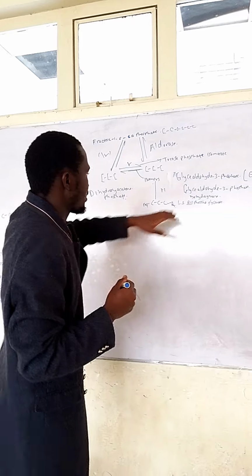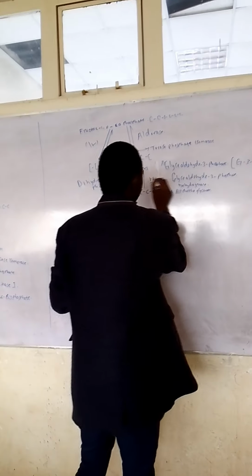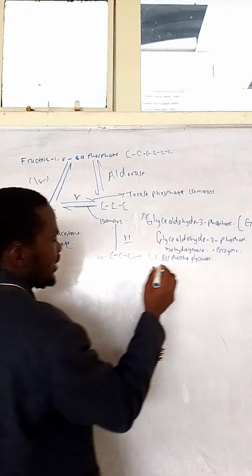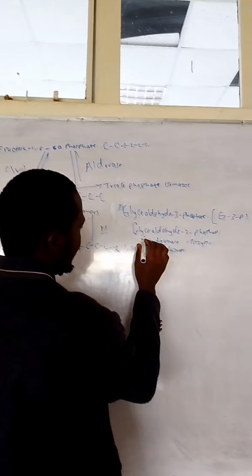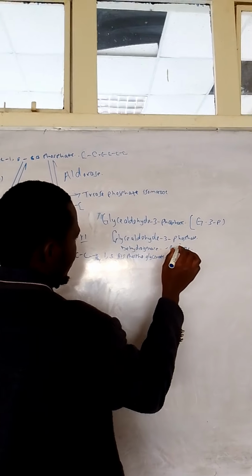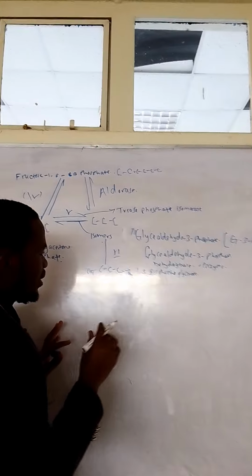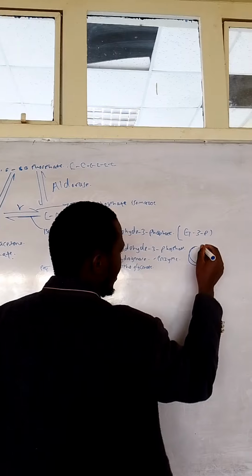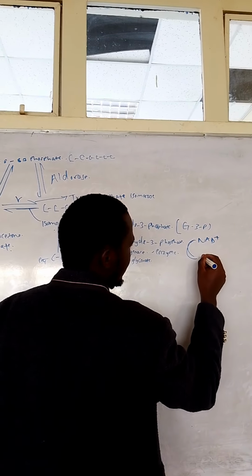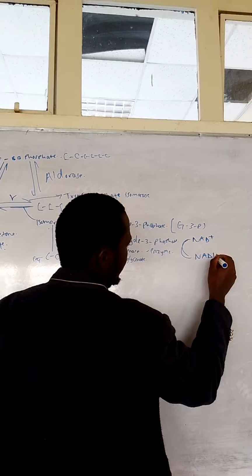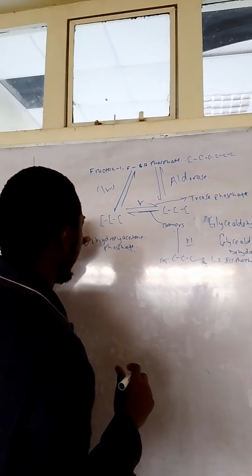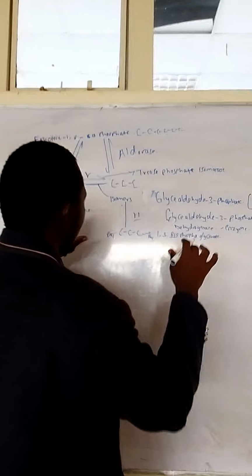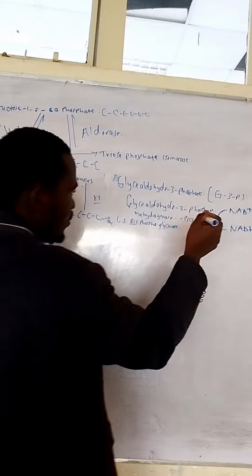The enzyme that facilitates the sixth process is called glyceraldehyde 3-phosphate dehydrogenase. And whenever you hear the term dehydrogenase, just remember that NAD positive forms NADH. And we said dihydroxyacetone phosphate is converted to glyceraldehyde 3-phosphate, so we have 2.